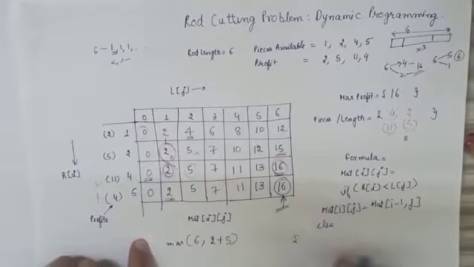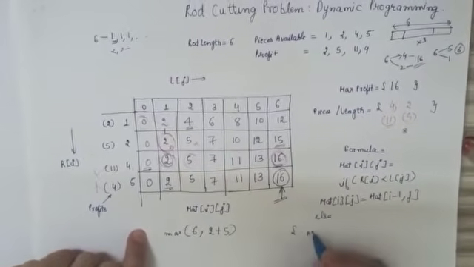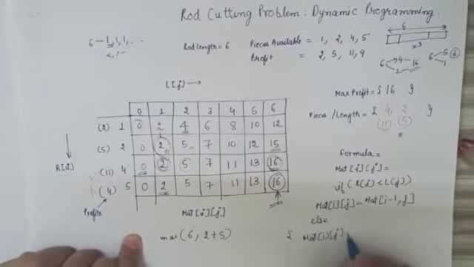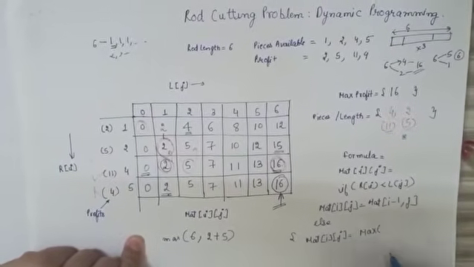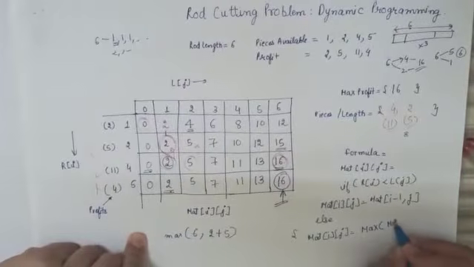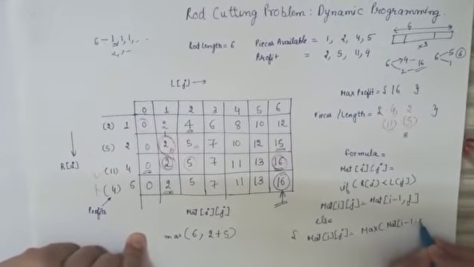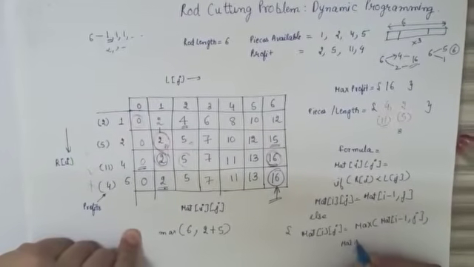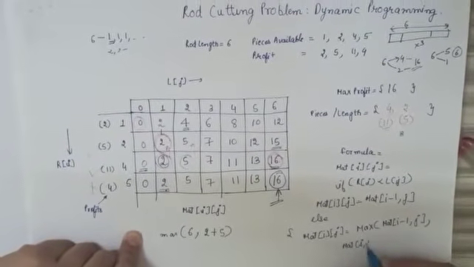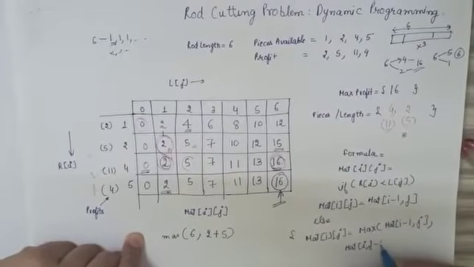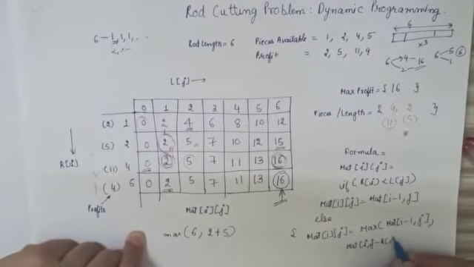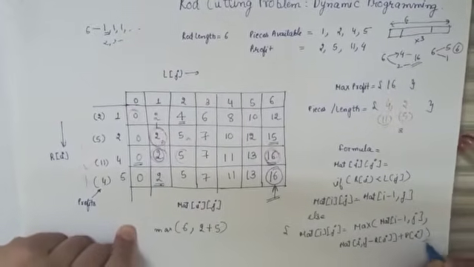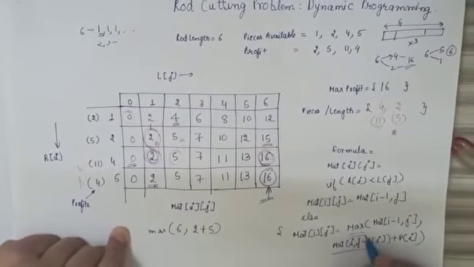Else mat of I comma j is equal to maximum of mat of I minus 1 comma j and mat of I comma j minus r of I, plus the profit associated with this I. So whichever is the maximum, we will include that value.